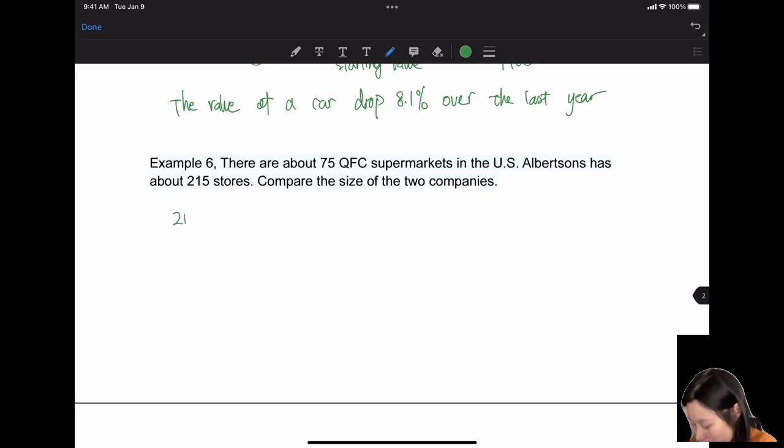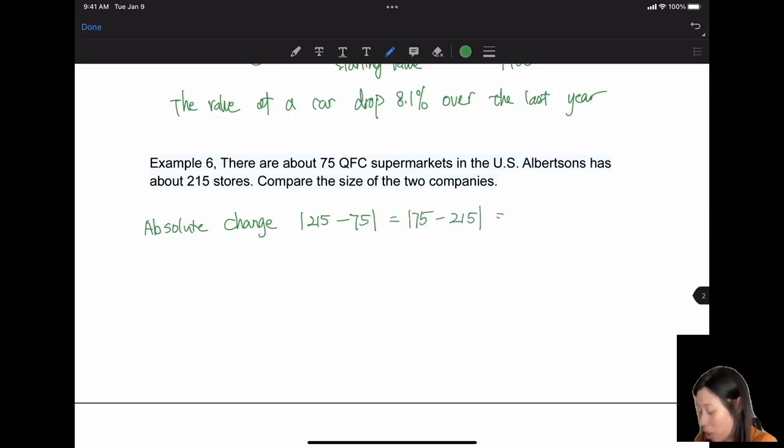You can use 215 stores subtract 75, or you can use 75 subtract 215. They should be the same after you take the absolute value.